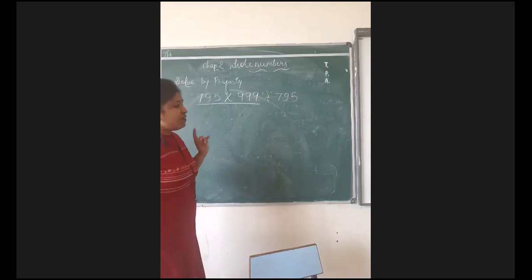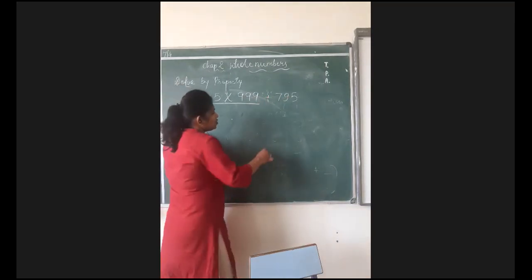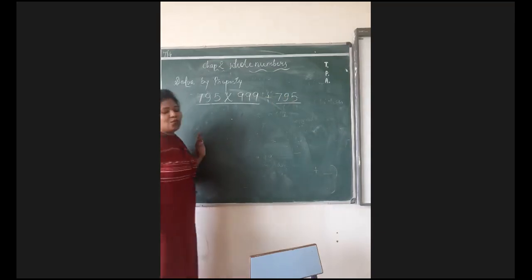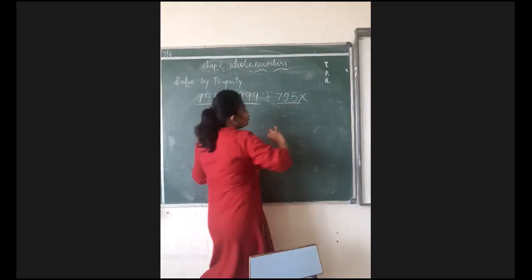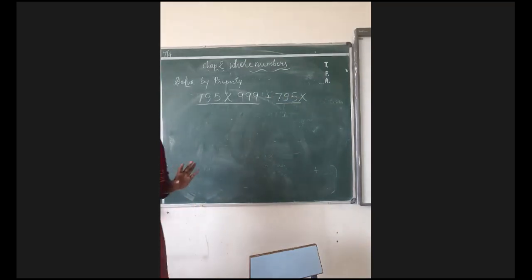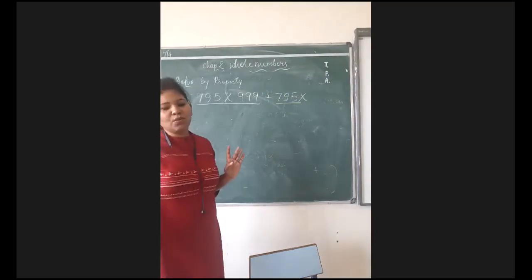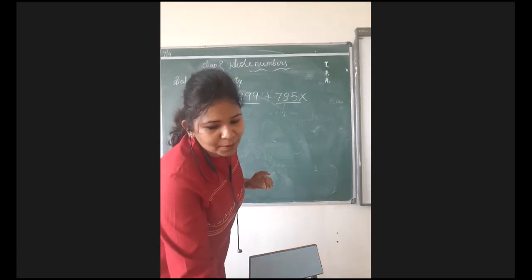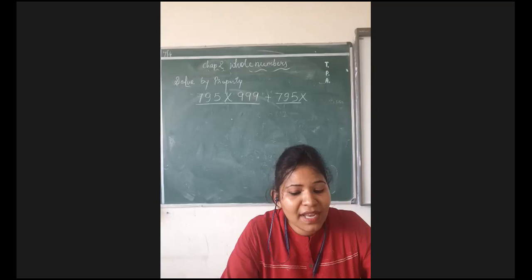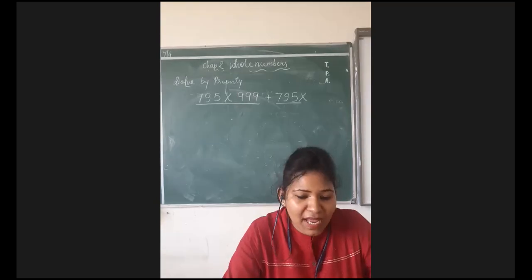Can you tell me which number you can write in the form of multiplication with this number, which will not affect your question and will give you the same answer? Remember, there is only the number 1, which you multiply by any number and you get the same number only.